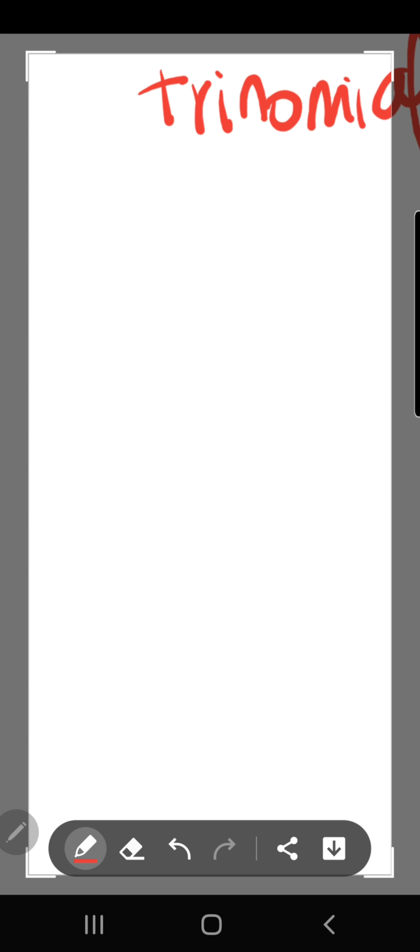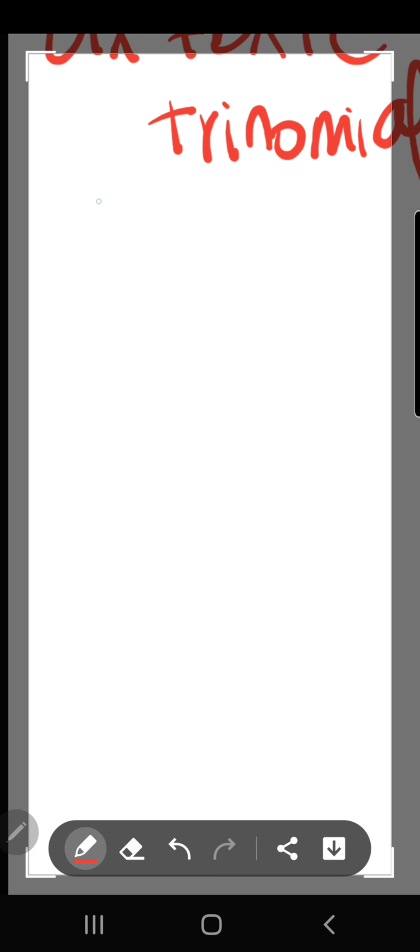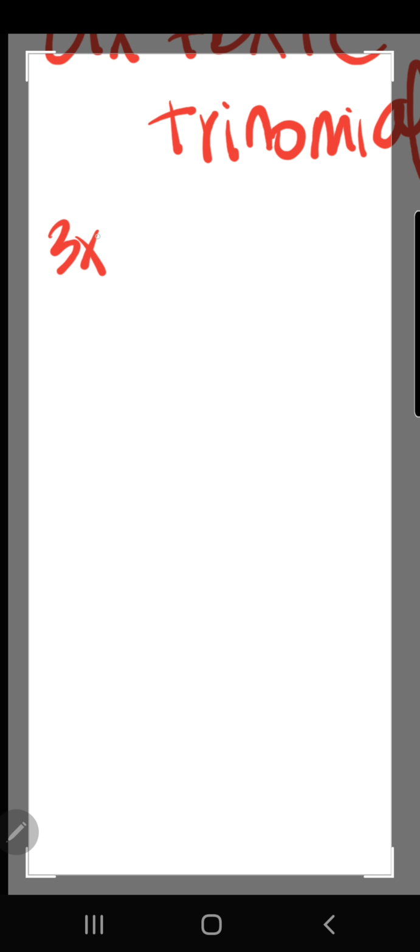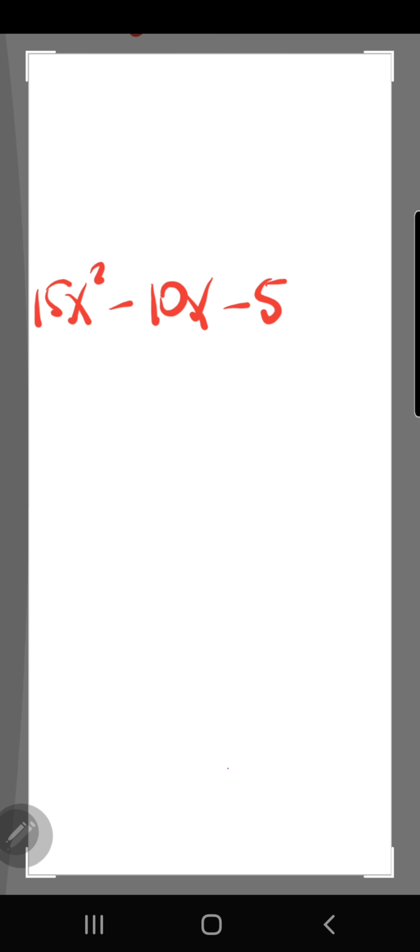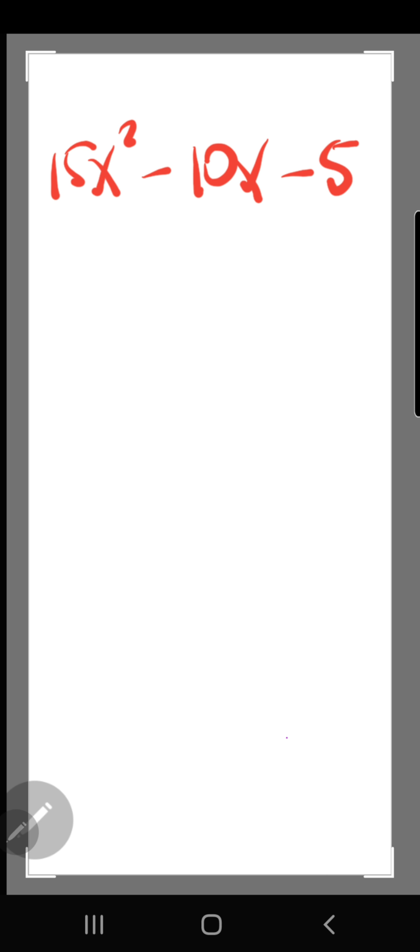So the examples will be 3x squared minus 2x minus 8, 15x squared minus 10x minus 5, and 4x squared minus 19x plus 12.